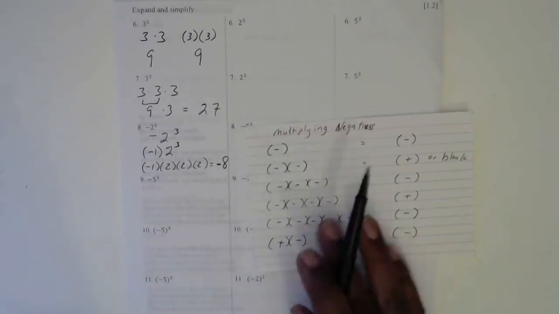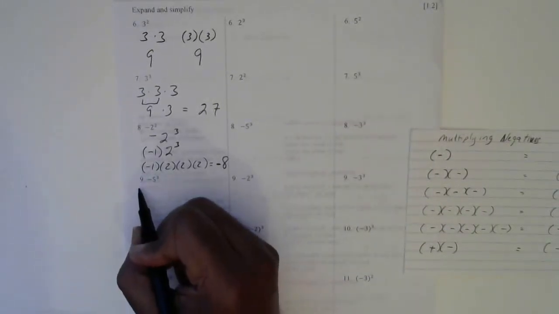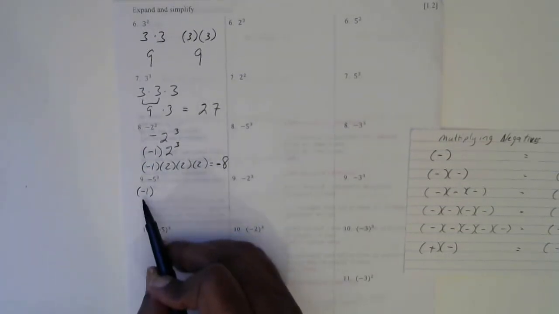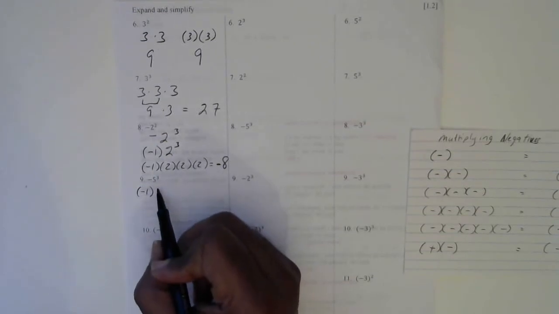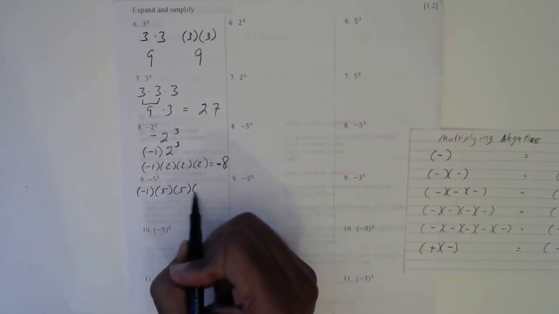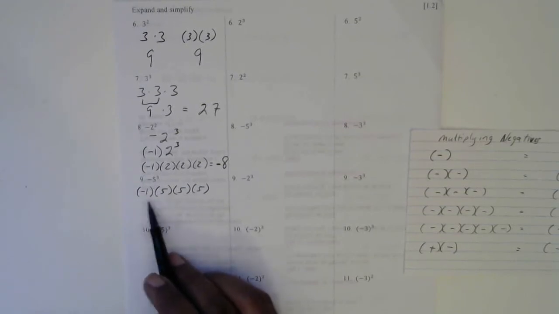Okay, next. We have a negative 5 here. So we're going to write this as a negative 1. Remember that negative is on the outside, so it can be changed into a negative 1. And the 5 to the third power can be written as 5, 5, 5. Again, turn the first negative into a negative 1.